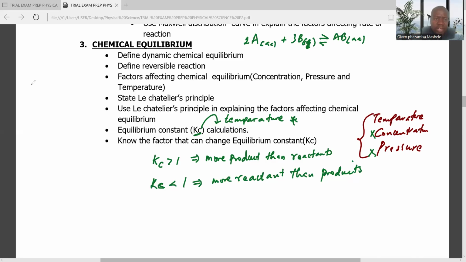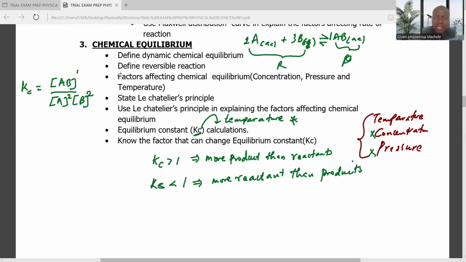Remember I said when you're calculating Kc, we do not use solids, so these are the reactants and this is the product. For a forward reaction, Kc would be the concentration of AB, because its coefficient is 1 we're not going to put anything there, divided by the concentration of A squared times the concentration of B squared.